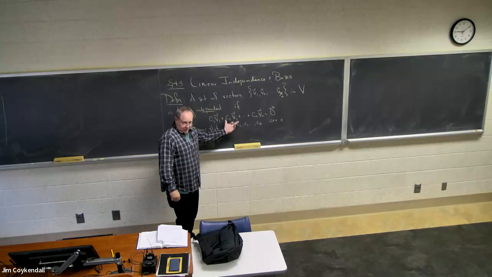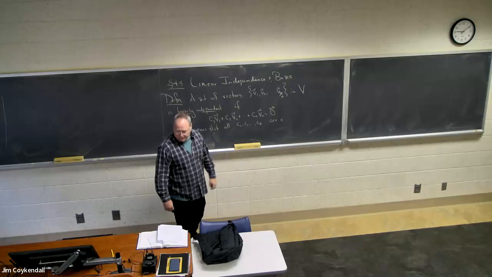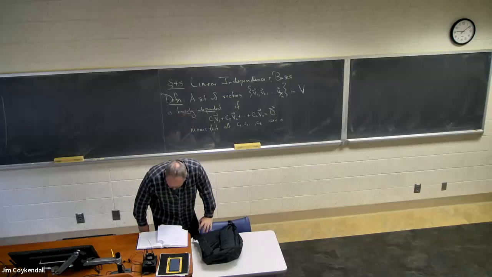So the only solution to this linear combination of vectors being 0 is to take all the constants to be 0.